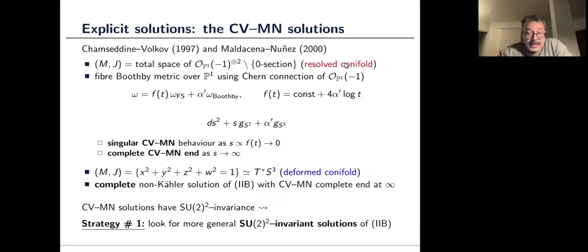There's a nice SO(4), or up to a finite cover SU(2) times SU(2) symmetry, and the SO(3) symmetry, I guess, is obvious here. These symmetries preserve the complex structure, and these metrics are invariant under this SU(2) times SU(2) action. So a first strategy is to look for more general SU(2) times SU(2) invariant solutions of this 2B system.